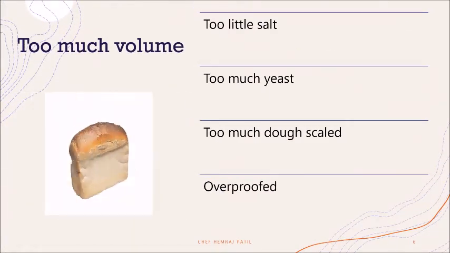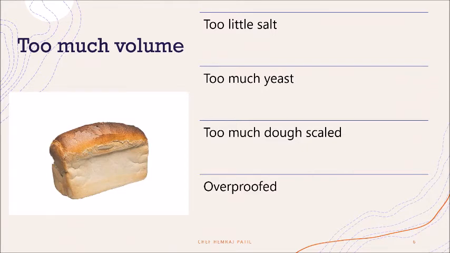So the next fault is too much volume. It is very much in contrast to poor volume. The causes are totally opposite to whatever we discussed in the previous slide. The first cause for too much volume is too little salt.